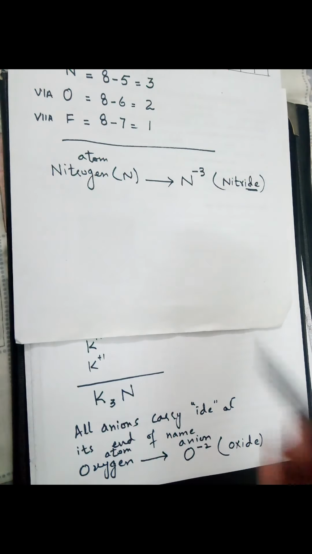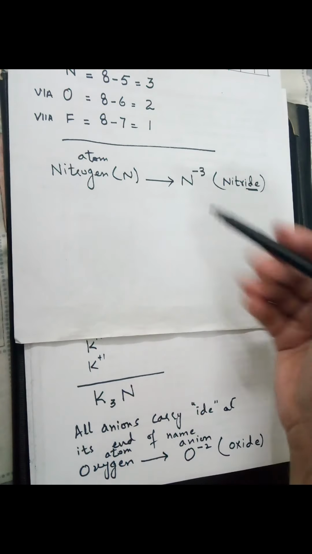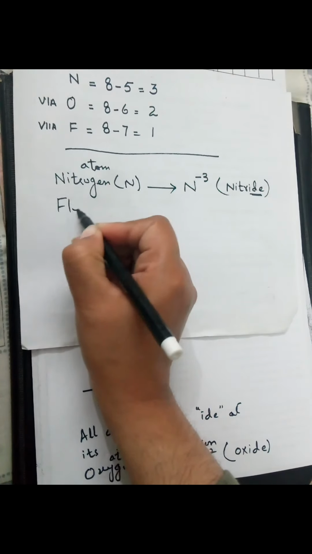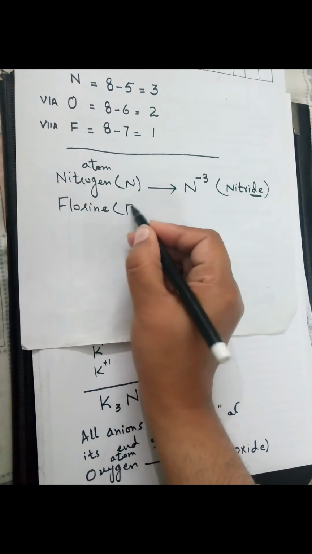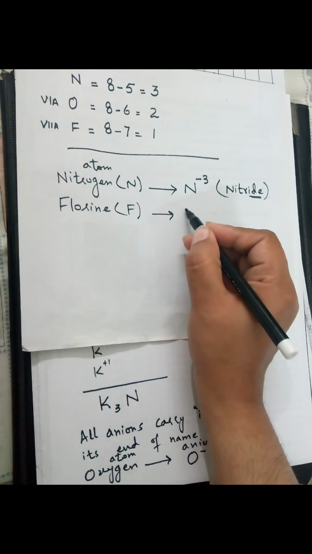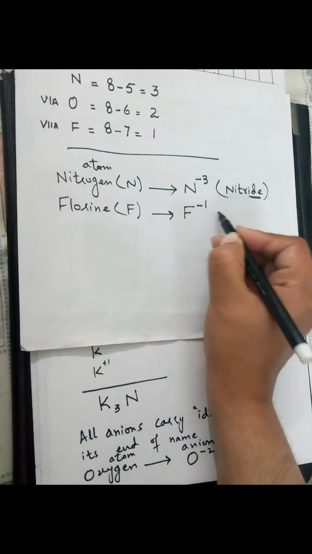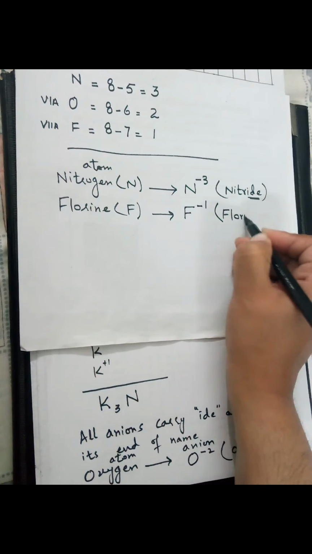So the end is replacing with IDE. Fluorine atom. Okay. When it will be anion, -1, fluoride.